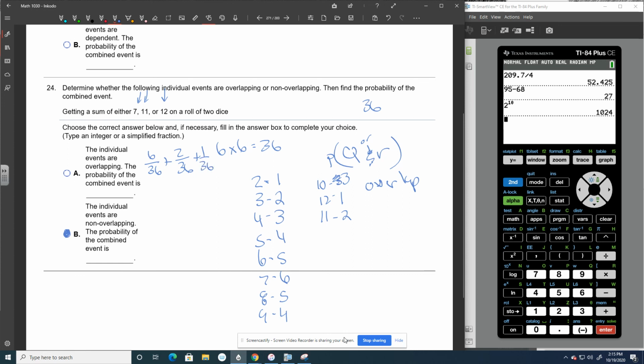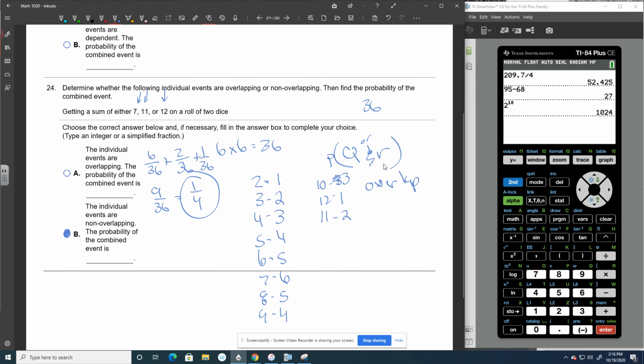So if I add all of those together, that becomes 9 out of 36, which is 1 out of 4 probability of getting a 7 or an 11 or a 12. You've got 1 out of 4 chances of getting that combination. Okay. 25 percent.